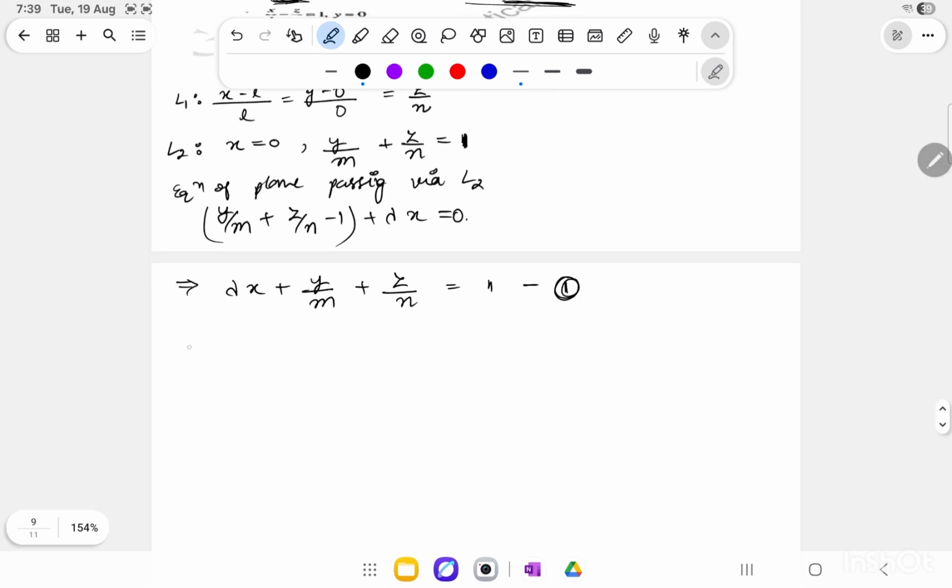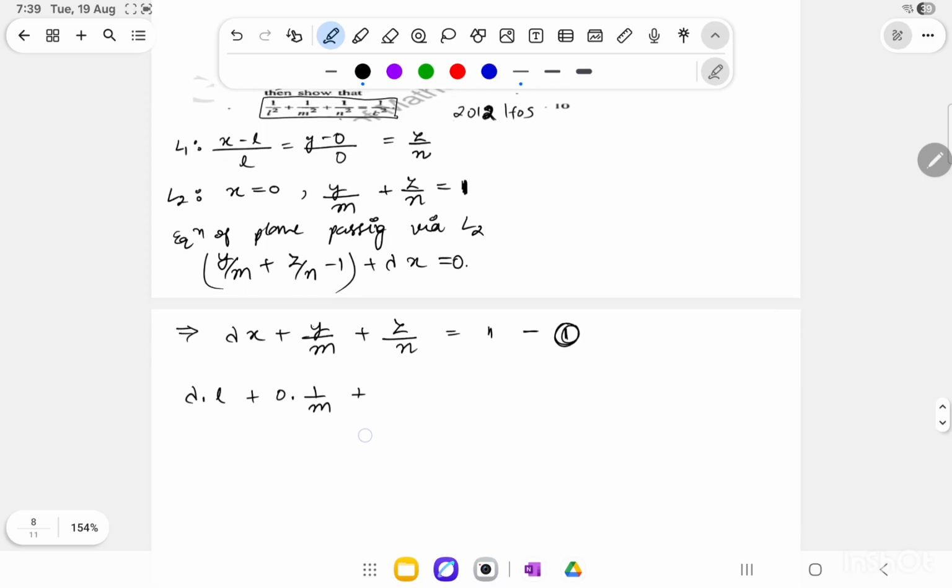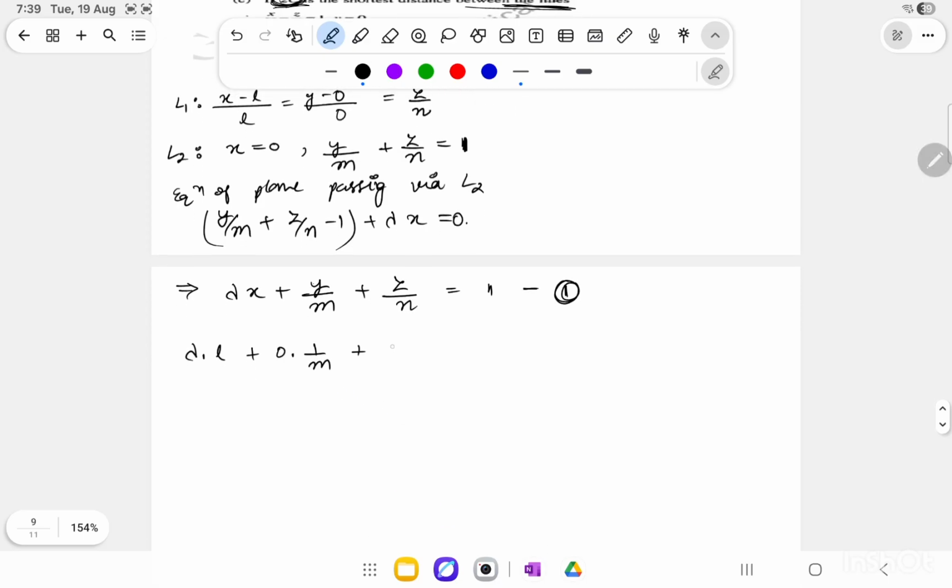using the perpendicularity logic, I get λ·l + 0·(1/m) + n·(1/n) = 0.